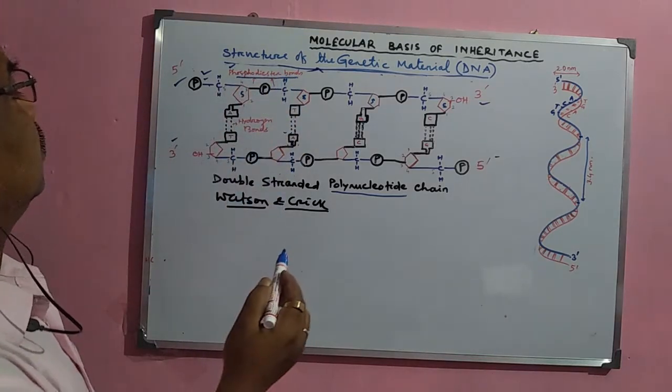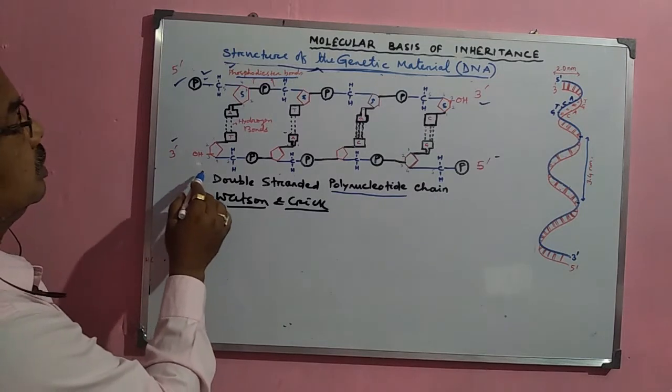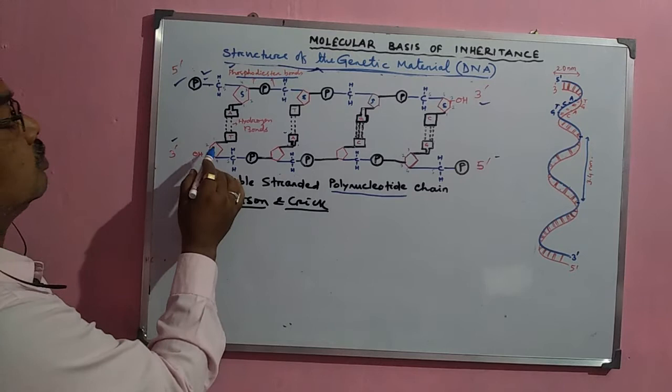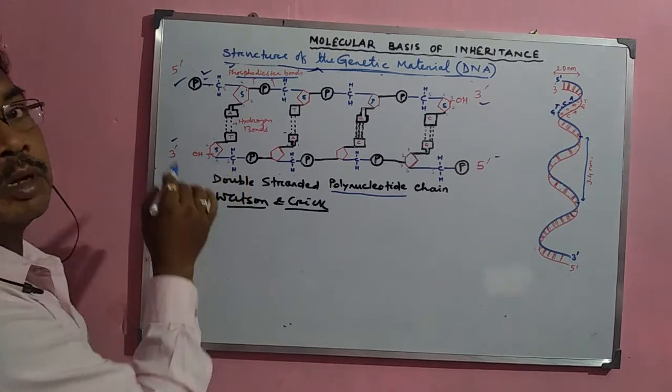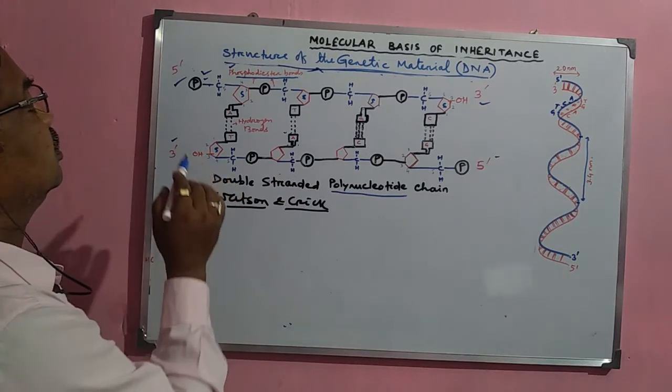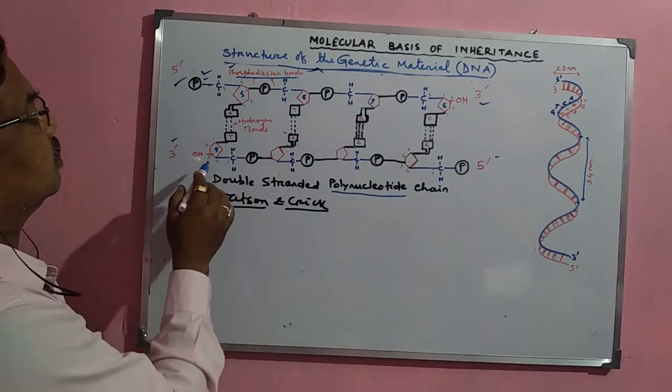Okay. Now, another chain here starts from the 3' end. This is the sugar molecule, and this sugar molecule having the 3' end here is the third position, or third carbon atom, of the sugar.